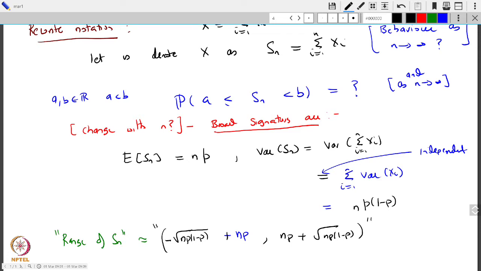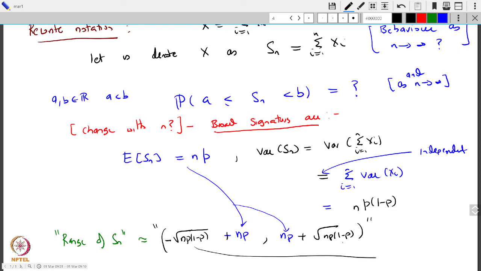That's how the spread of Sn is going. So Sn is going to be centered at np, right? And formally speaking, you range across the standard deviation.